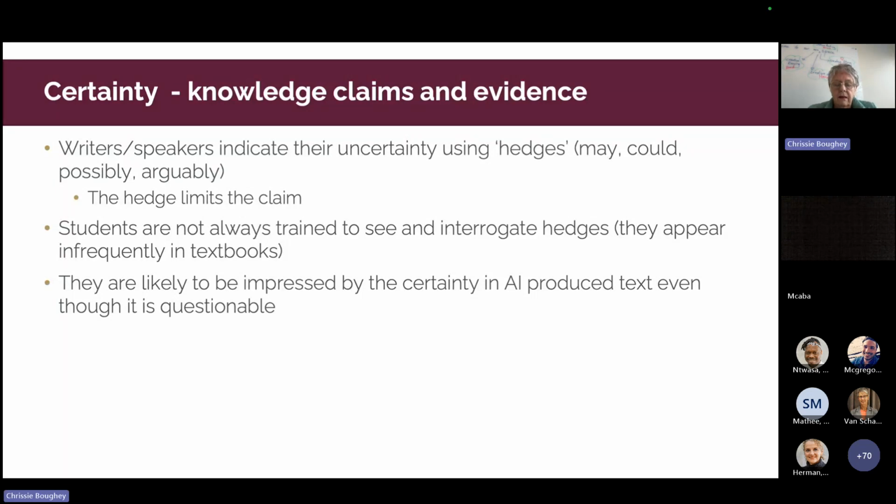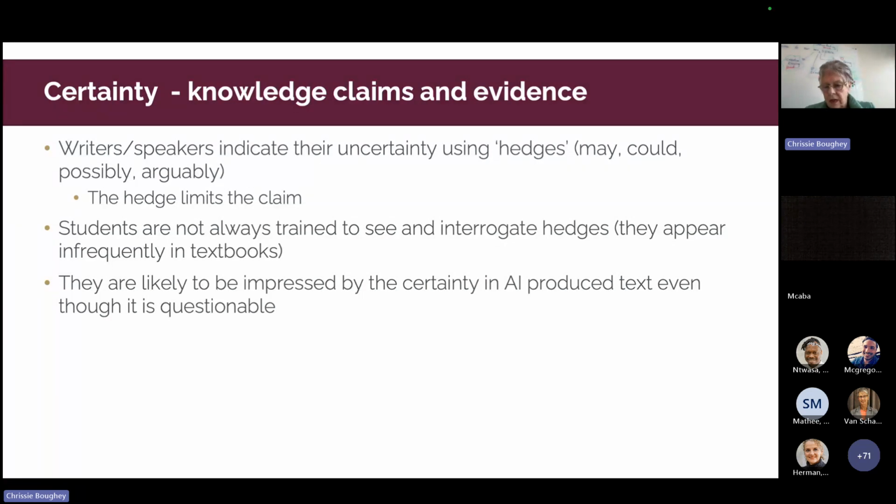The other thing that happens, and this goes back to my statement that AI often produces really confident text, is, let's go back to knowledge claims and evidence. Writers or speakers indicate their uncertainty using words that linguists call hedges.